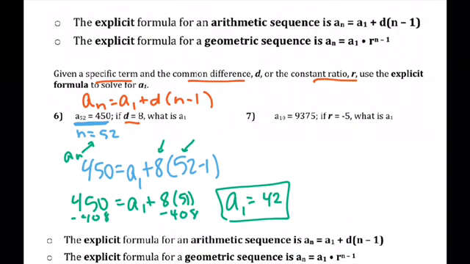Go to number 7. This one is geometric because it says r is equal to. Can you guys figure out how you would set that up, using the same idea? So think about your formula. I've got it written up there at the top of the screen. So put in the things that you know. And remember, you should only have one variable at the end, or else you're not going to be able to solve it.